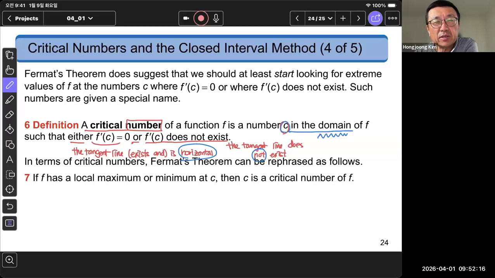When I say extreme values, it represents the global maximum or global minimum value. So the extreme value is a y value. And when I say a critical number, then it is a certain value for the x variable.